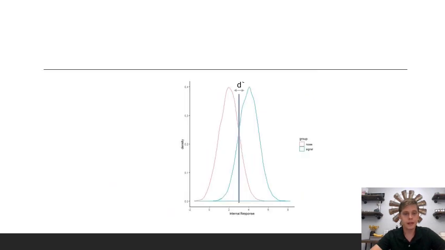Okay, so now we can look at the exact same thing, but now with our figure where we have a very small d prime, so very little difference between our signal and noise. A real world situation where this might apply would be, for example, if you are working your dog at near threshold detection levels.